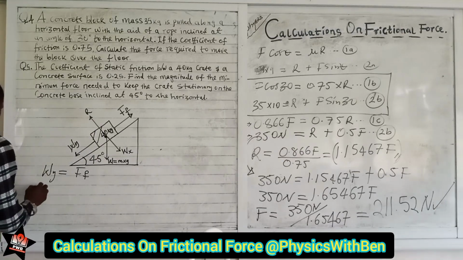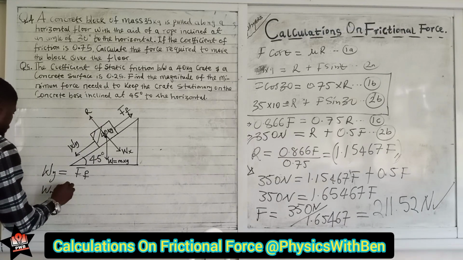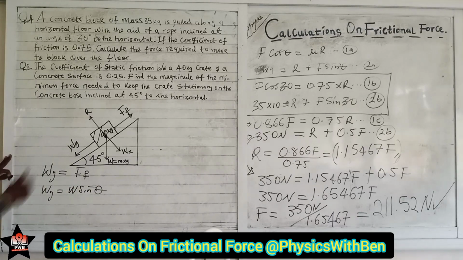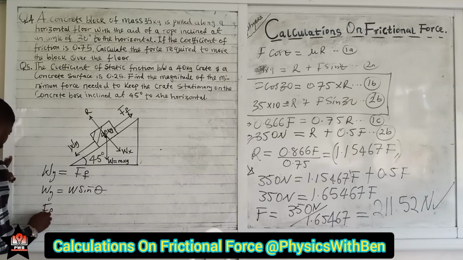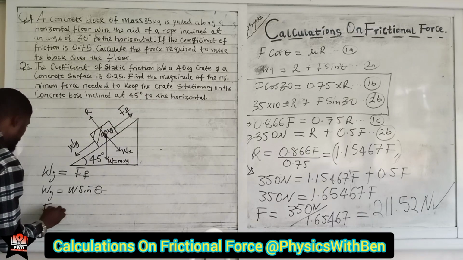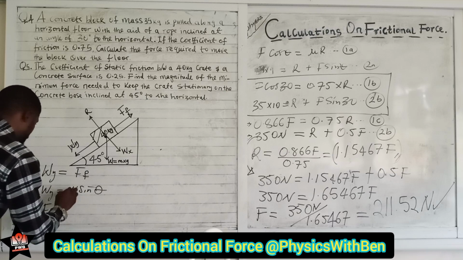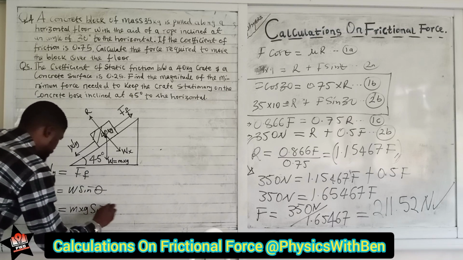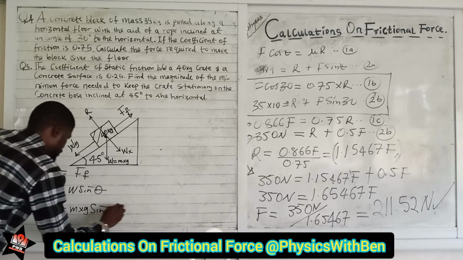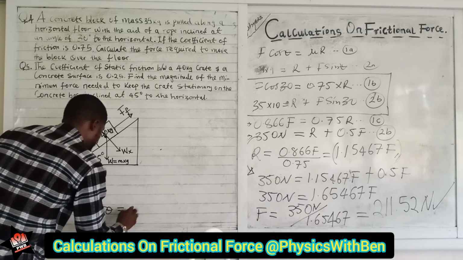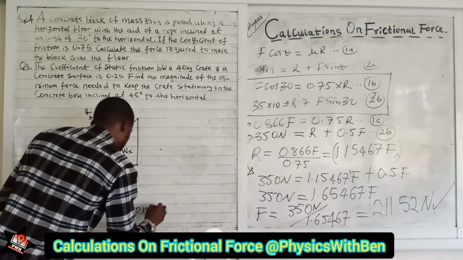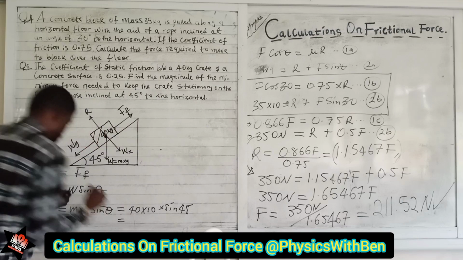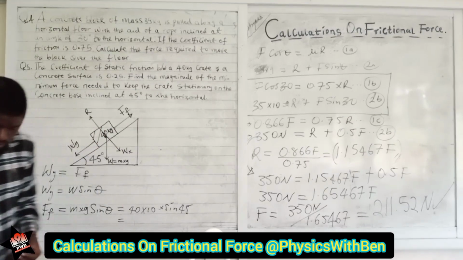We know that the component is W sine theta. So we write that the minimum force, which is the frictional force acting in this direction, will be equal to the weight, that is mass times gravity times sine theta. If you substitute correctly, you have your mass as 40 times 10 times sine 45.